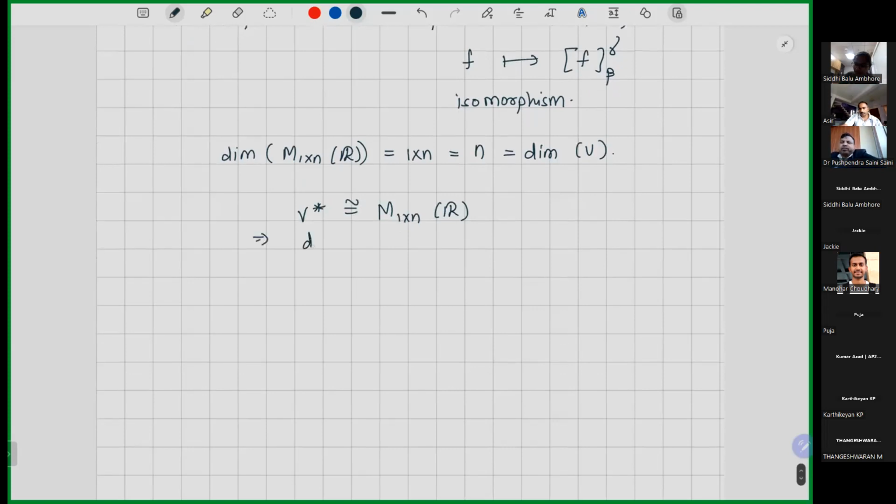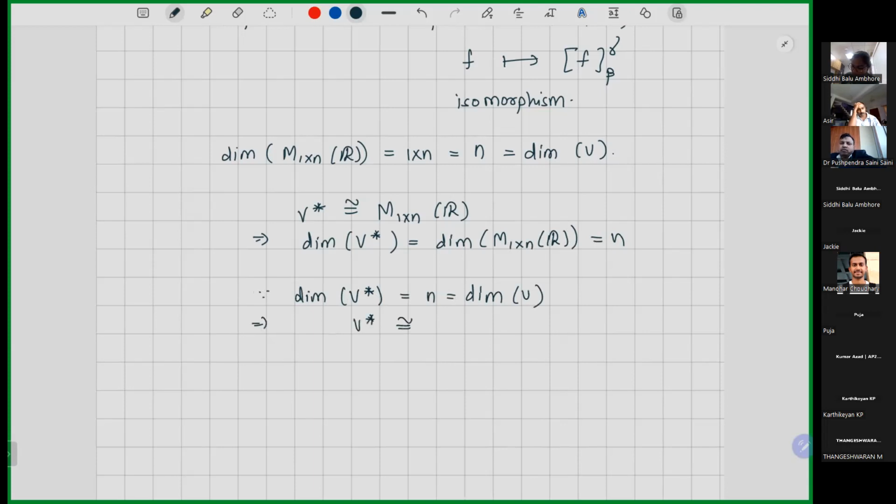So this implies that dimension of V star is equal to dimension of M1 cross n R, which is equal to n. Since dimension of V star is equal to n, which is the dimension of V, this implies that V star is isomorphic to V.